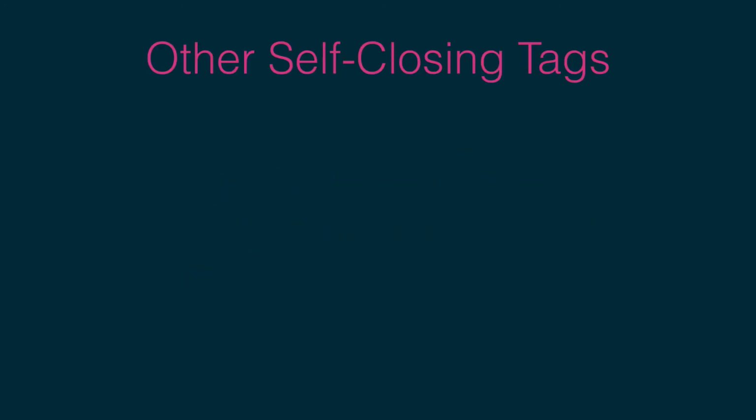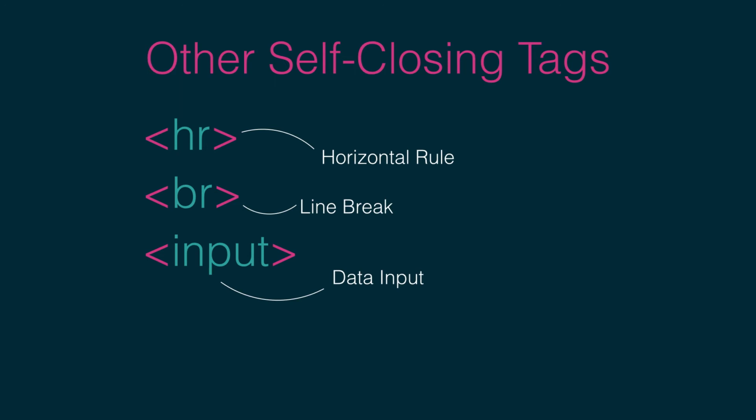But there are a few other self-closing tags that you might want to be aware of. Some of them are in the document, some of them are not. They are the HR tag, which is a horizontal rule, the horizontal lines on the page, the line break tag, and the input tag.